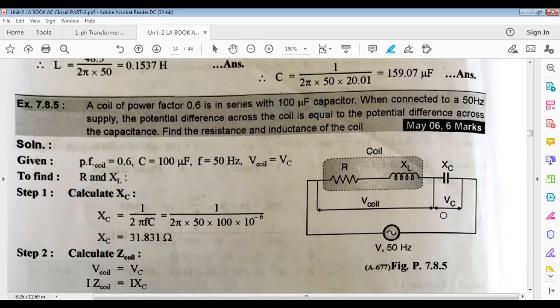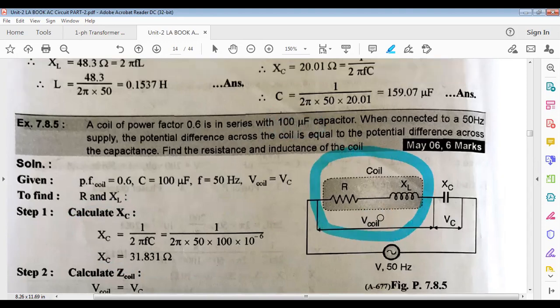Equate these two. So what will be the voltage drop across coil? What will be the formula for voltage drop across coil? Can anyone tell? Current flowing is I and impedance of coil, suppose Z coil. Then what will be the formula of V coil?